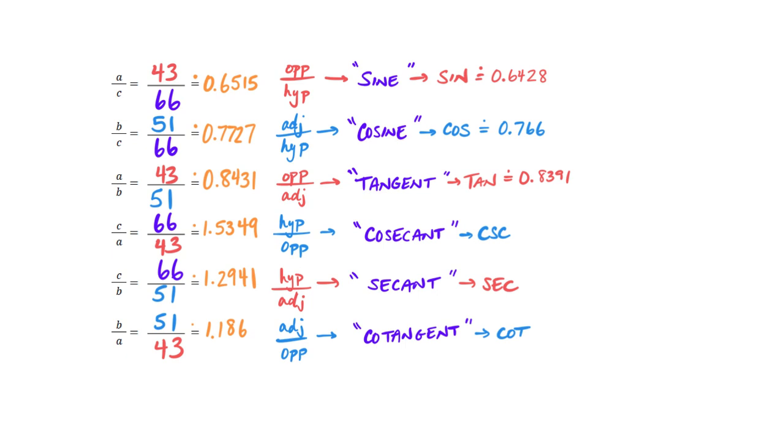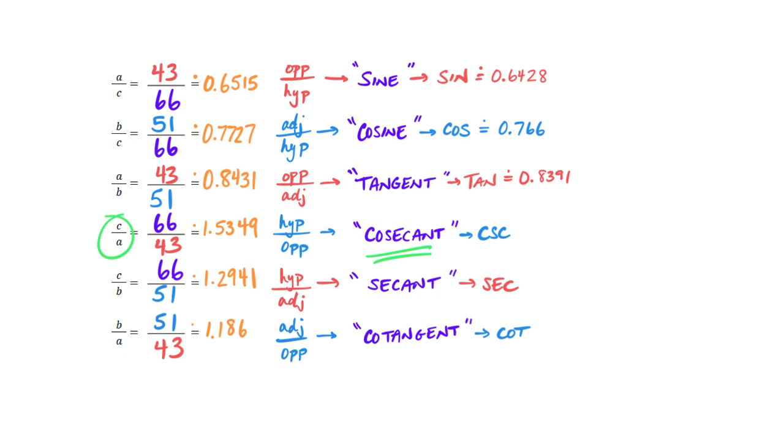Those are your first 3 ratios all flipped, so it's the reciprocal of them. So instead of taking my opposite divided by my hypotenuse, I take my hypotenuse divided by my opposite. That is our C over A ratio. That is called the cosecant ratio.